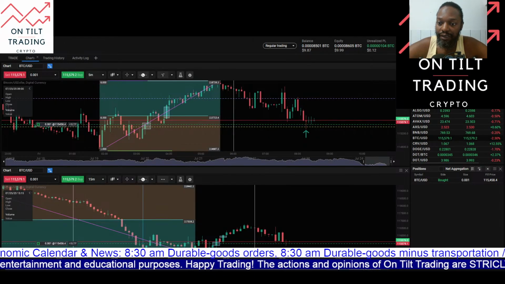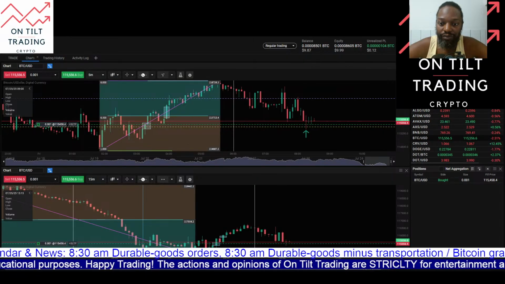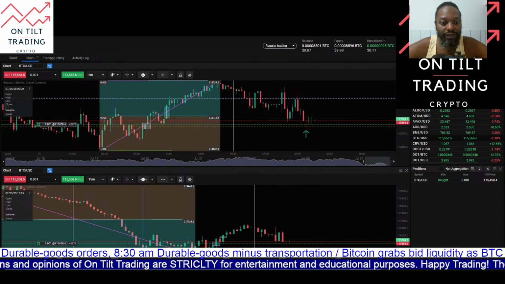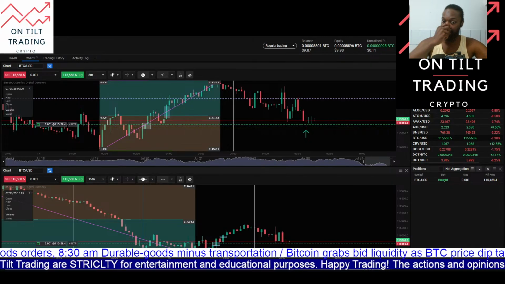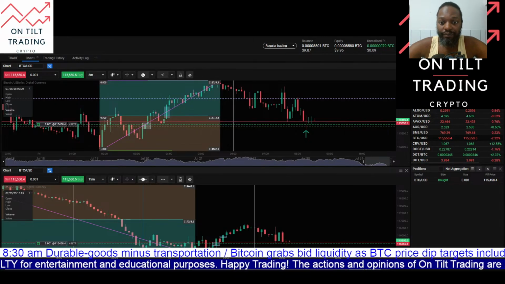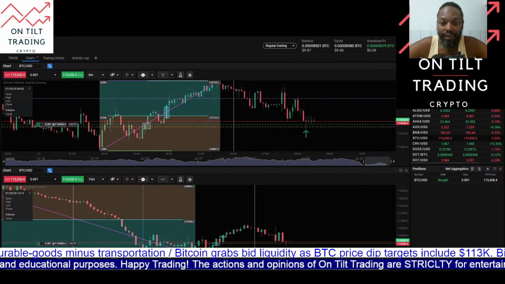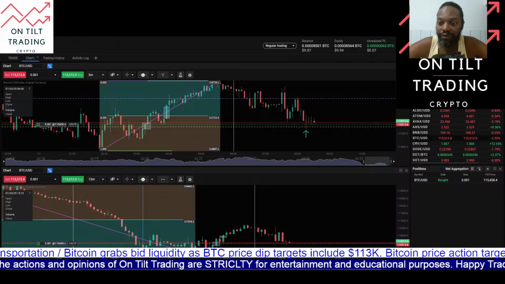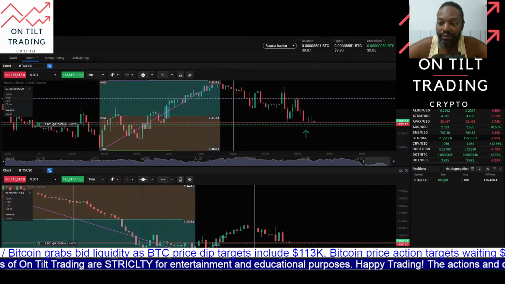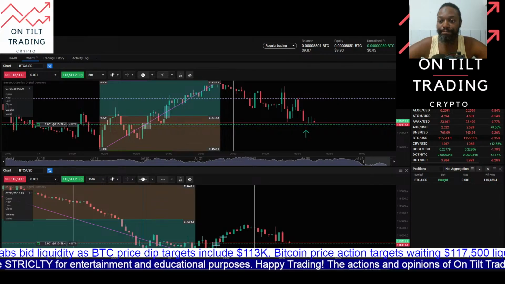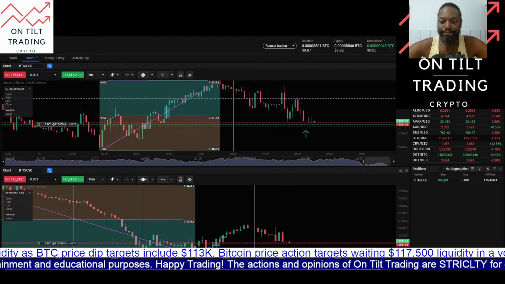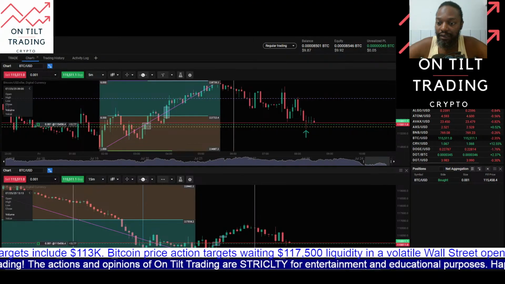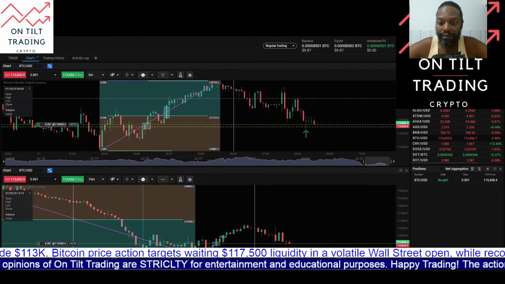Bitcoin showing volatility here, but yet to show its directional intention here. Since this current sell side delivery, 115,520, 115,500 consolidating. So showing volatility and indecision in this area, price action wise.